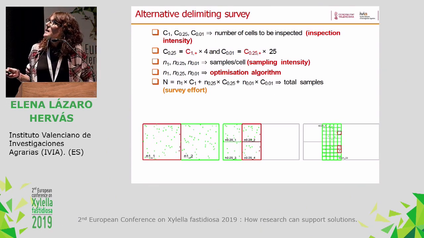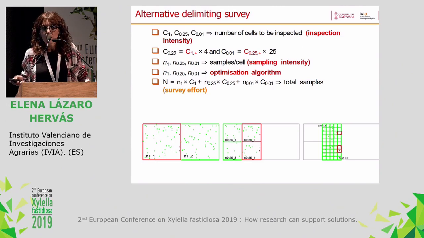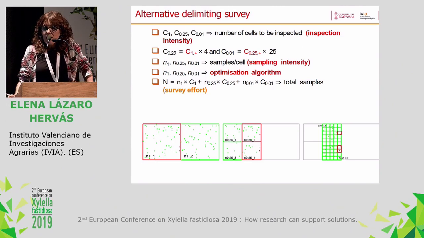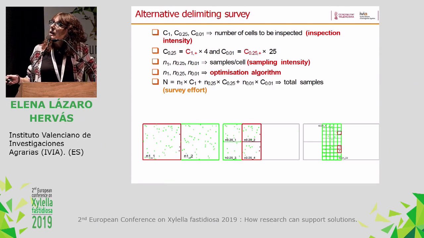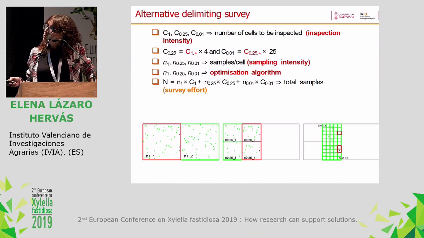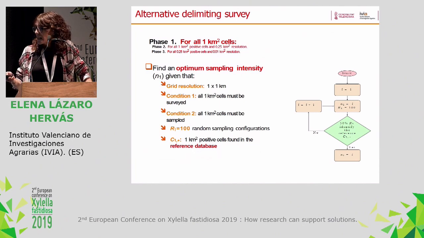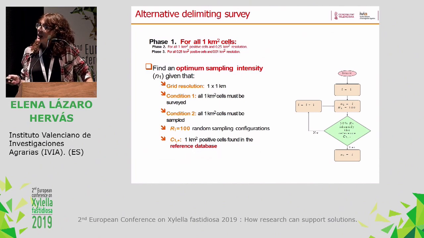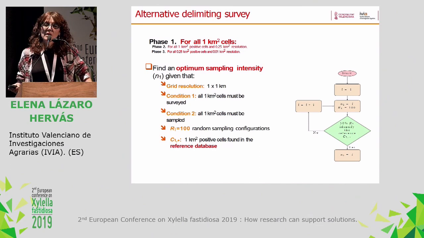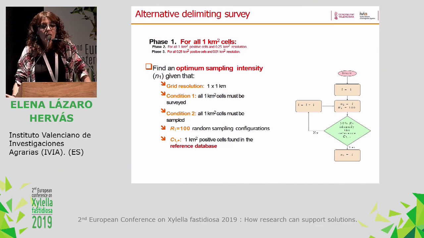Survey effort, described as the total samples that we have to take in the whole delimiting survey, is computed using this generic formula in which sampling intensity and inspection intensity are taken into account. This slide shows the scheme of the optimization algorithm that we are going to implement in order to find an optimum sampling intensity value for each resolution size.